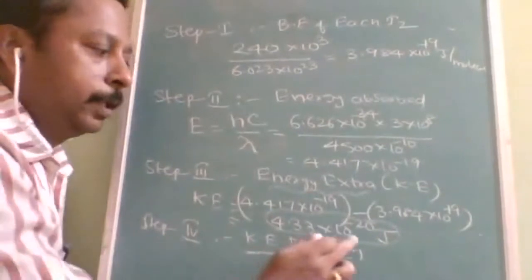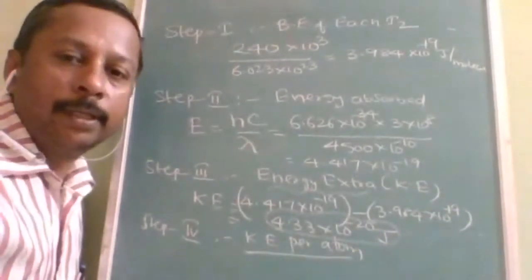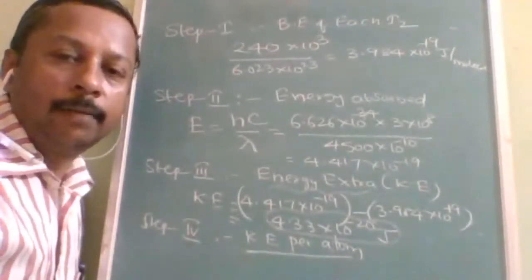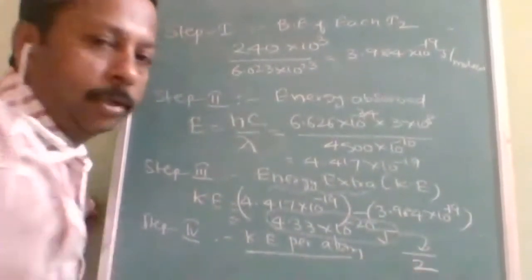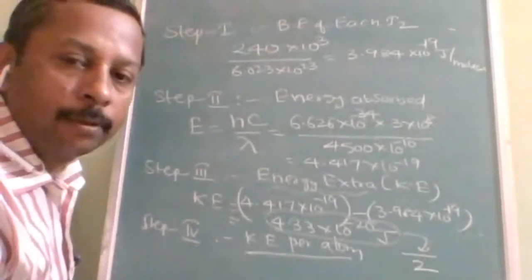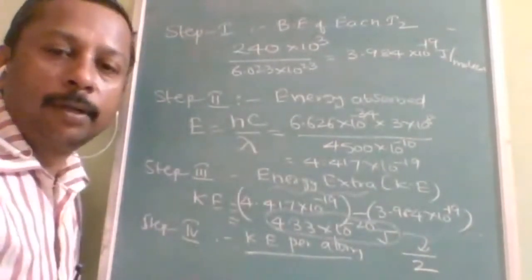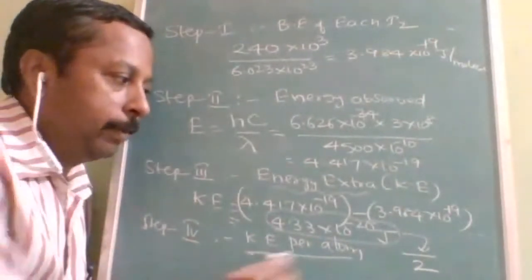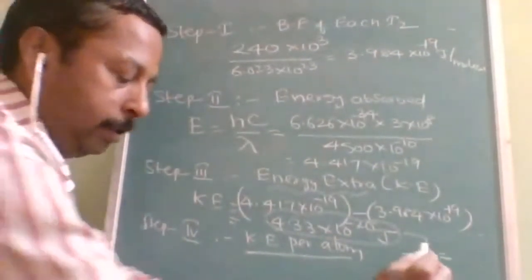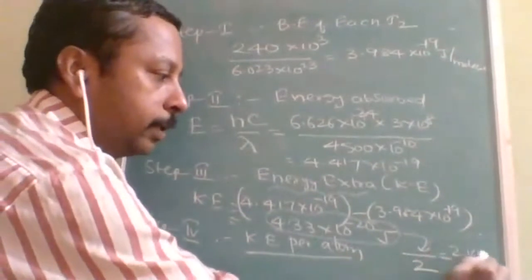This energy is per molecule, so how will you change it? You will change it by dividing by 2. So this answer divided by 2. Why divided by 2? Is it understood? Many students got it wrong just because of this concept only. So on simplification, you will get 2.165.